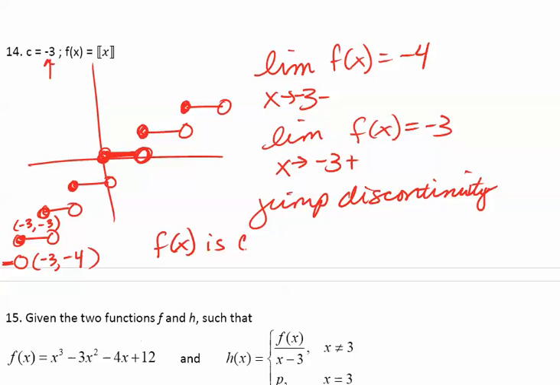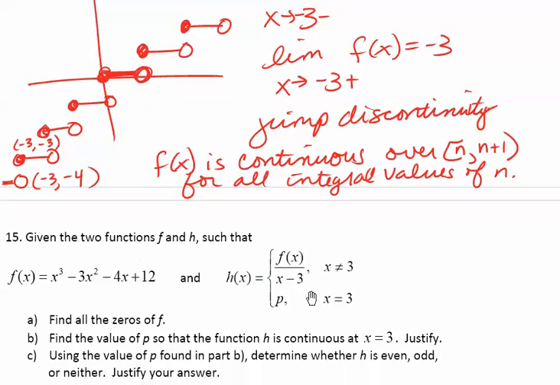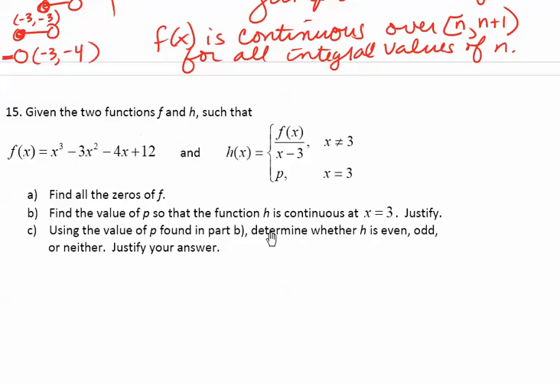This isn't part of this question, but if it's useful at some point, we could say the greatest integer function is continuous over every interval closed endpoint n to open endpoint n plus 1 for all integral values of n. Okay, so that answers the reverse of the question, not where is it discontinuous, but where is it continuous. All right, let's press on here.